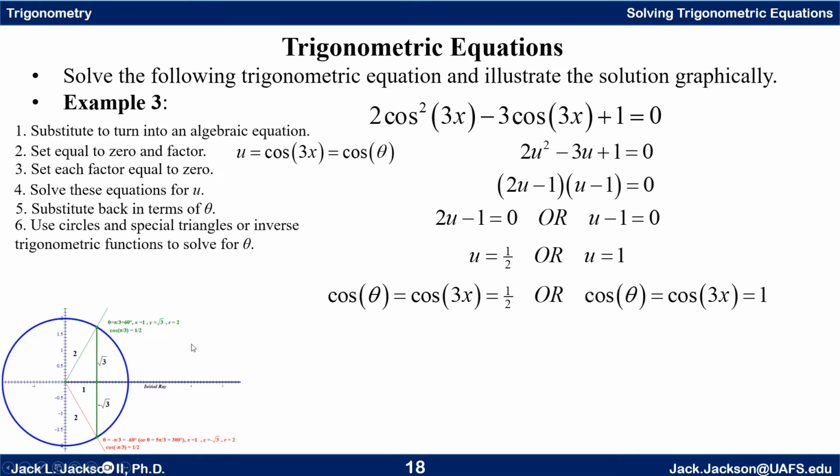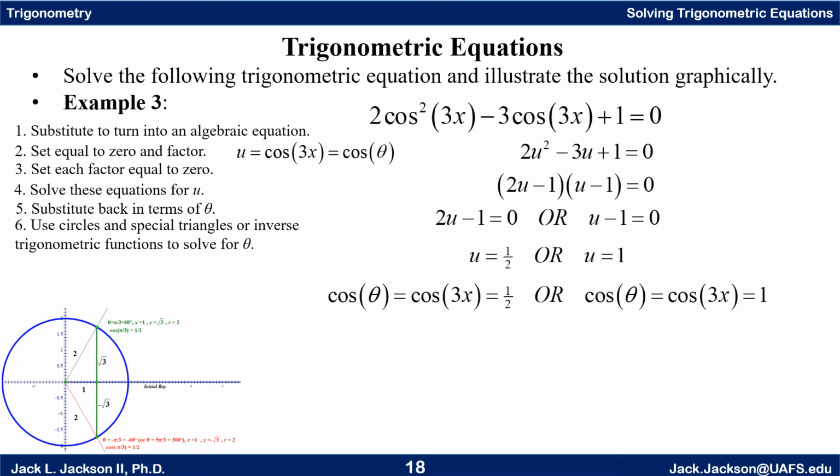We want the cosine to be 1/2, so this time the x is 1 and the hypotenuse, the r, is 2, and cosine is positive in the first and fourth quadrants. So our reference triangles are here. That's the same triangle we just looked at in the last example, just turned a different way. Okay, and what angles are those? Well, that's the larger angle, which is pi over 3 or 60 degrees, or minus pi over 3 is one way to get there.